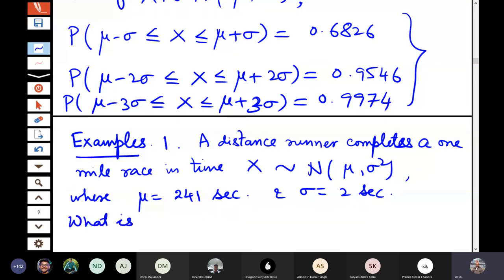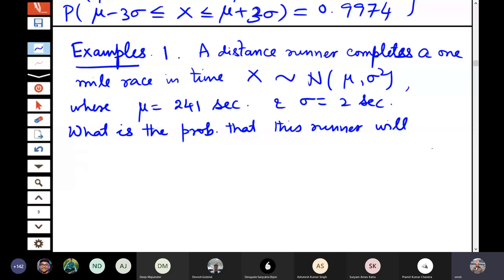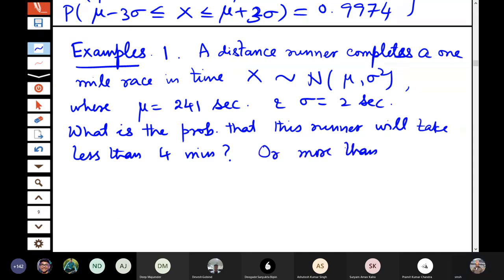What is the probability that this runner will take less than 4 minutes, or more than 3 minutes 55 seconds?